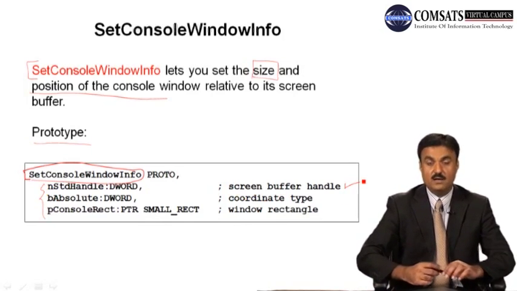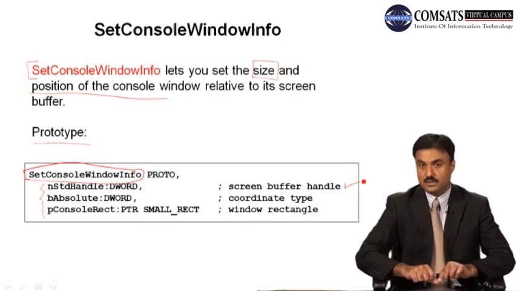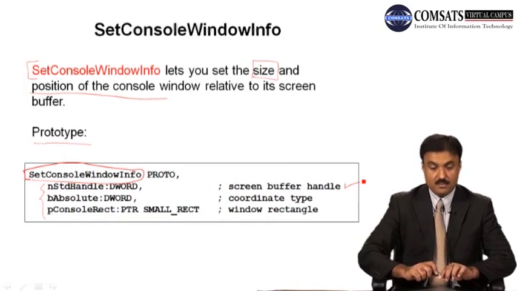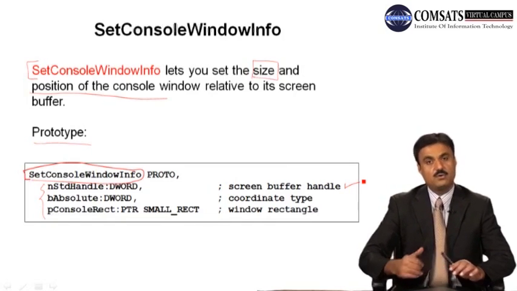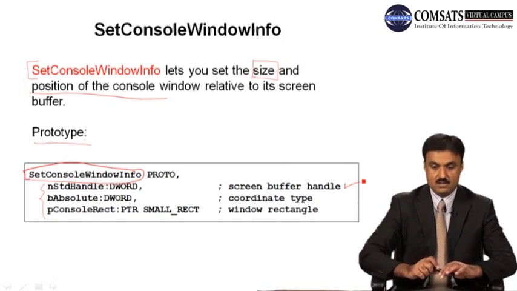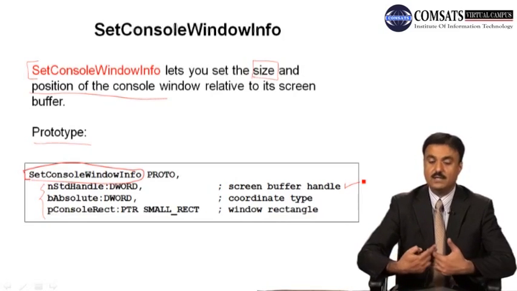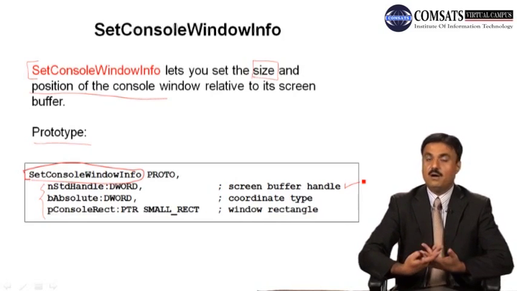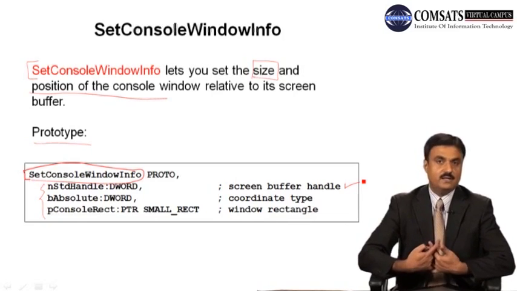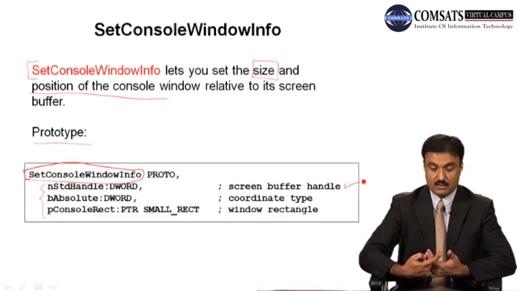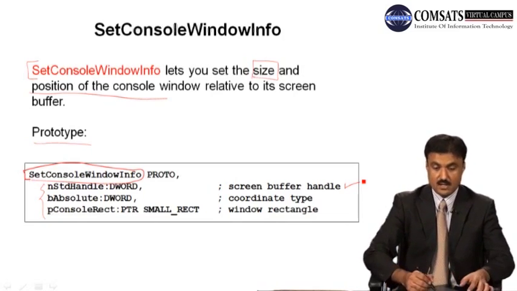This is the handle information that you will use to set information, because before setting the console screen or console window, we have to get the buffer, we have to get the handle first, and then we can set information. Or first we have to get the handle, and then we can get information about that object and so on.